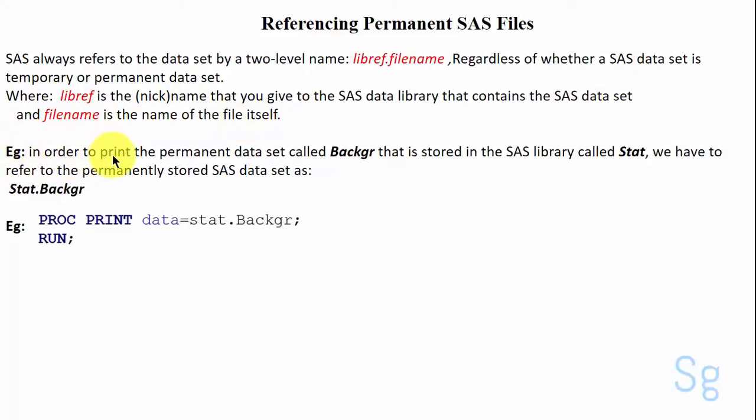Example: in order to print the permanent dataset called background that is stored in the SAS library called stat, we have to refer to the permanently stored SAS dataset as stat.background, where stat acts as the libref and background acts as the filename. Here is the example: proc print data=stat.background.